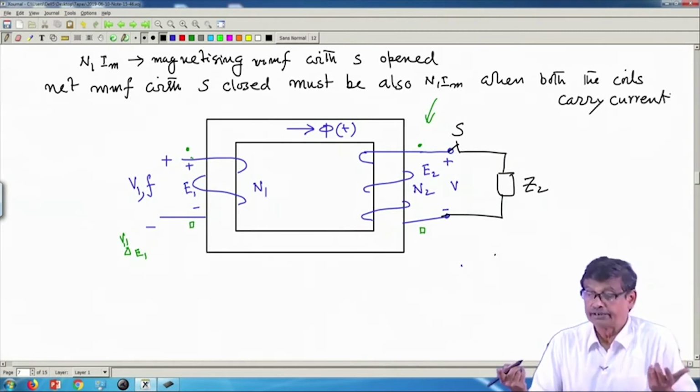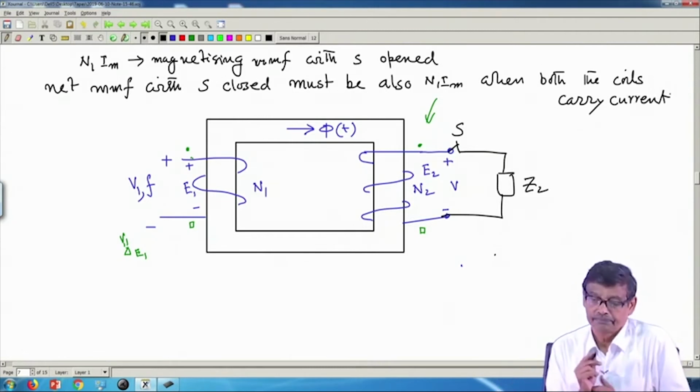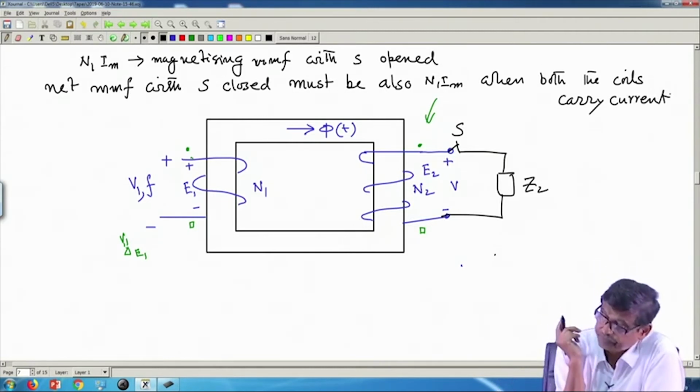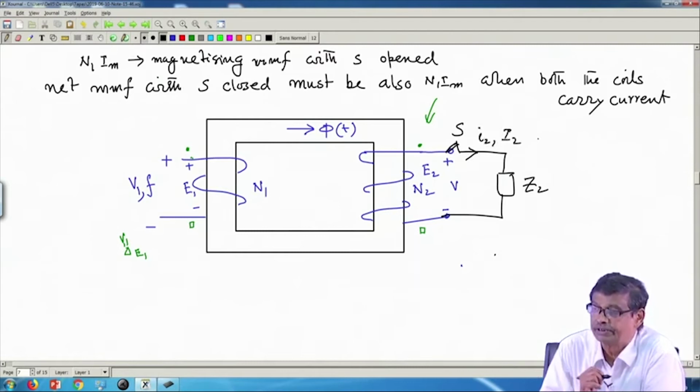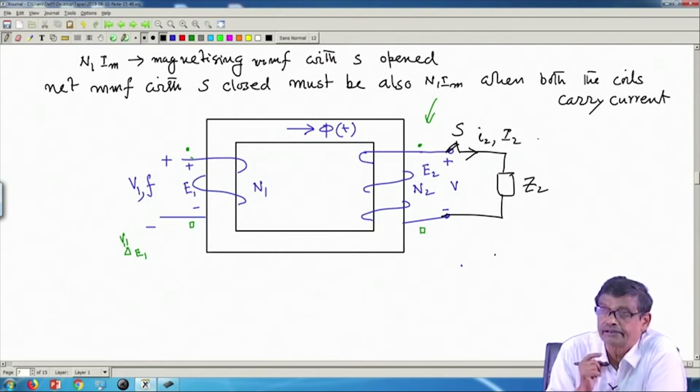Now, how can such a thing happen? Let us see. Suppose you now connect this switch, it has become a seat of EMF. Therefore, it will deliver some current I2, the RMS value of that current is, suppose, I2, instantaneous current.